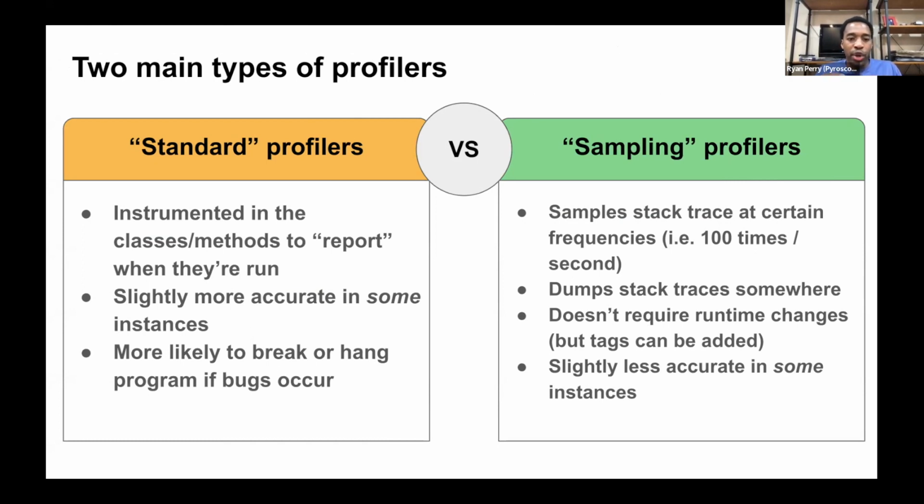They're fairly easy to understand. They basically report what's going on in the program. They're slightly more accurate. You might have something at the beginning of a function and at the end of the function that starts the timer and stops the timer, and you can hook into the different class or method invocations to figure out what's going on.